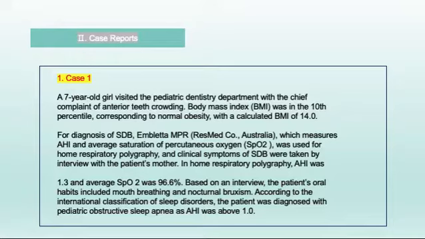For diagnosis of SDB, a home respiratory polygraph, which measures AHI and average saturation of percutaneous oxygen, was used, along with clinical symptoms of SDB taken by interview with the patient's mother.